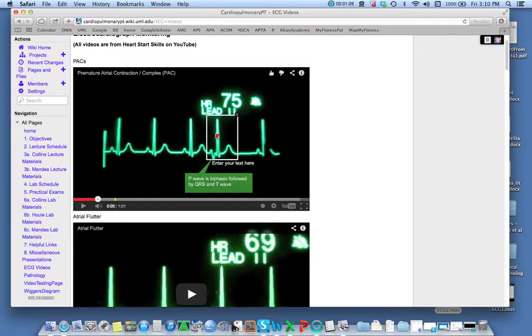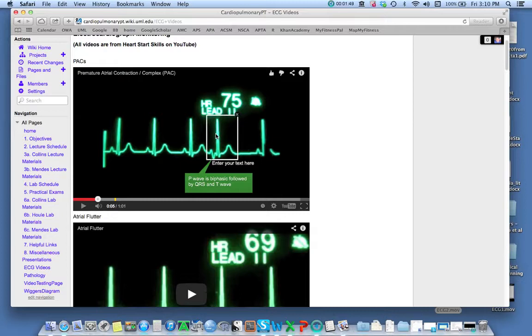Depending on how far away it is from the previous QRS complex, there may be a small amount of blood ejected from the heart that leads to a weaker pulse wave. There may be very little blood at all ejected, sort of like an inefficient beat of the heart.